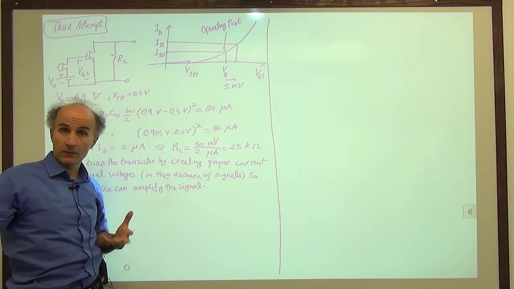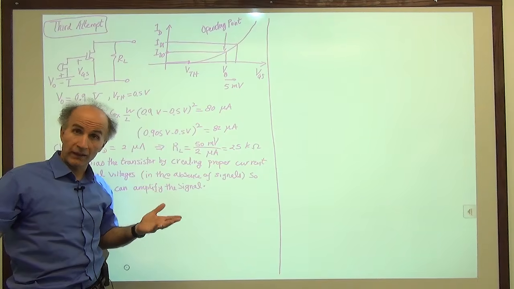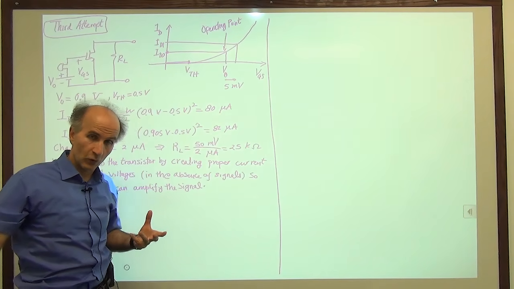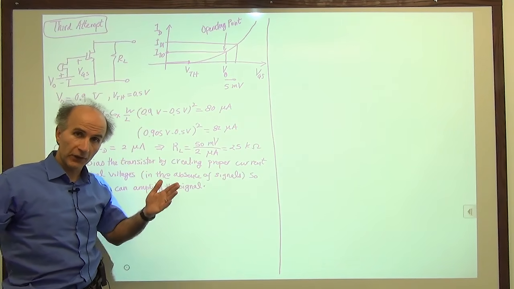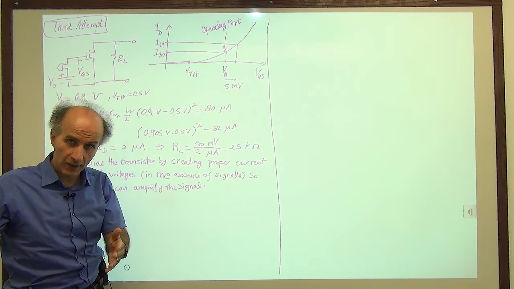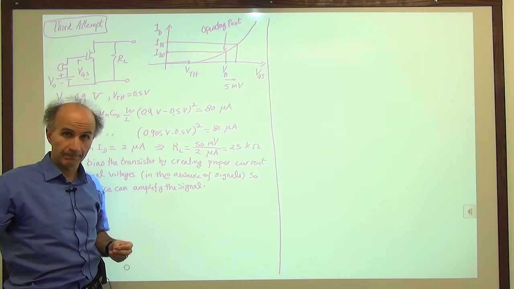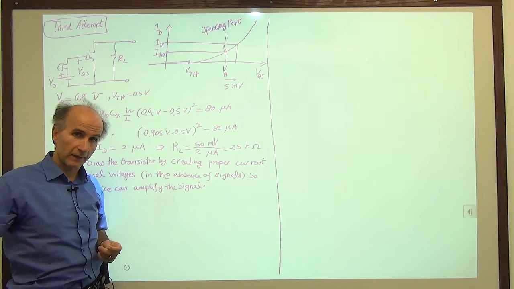And oftentimes, they don't really have a clear answer for it. So, to make them work. But what do we mean by to make them work? So what we mean is we have created the proper current and the proper voltages so that the device is capable of amplification. All right, that's something you can use to define why we bias transistors.